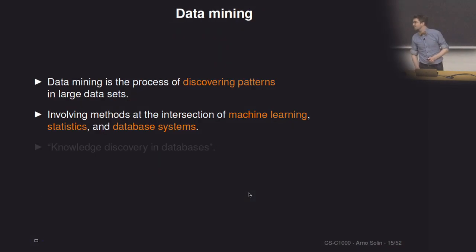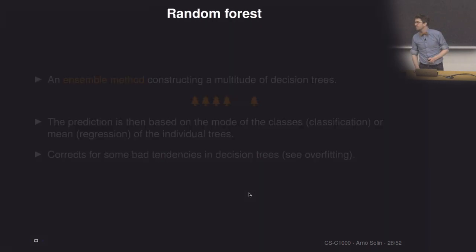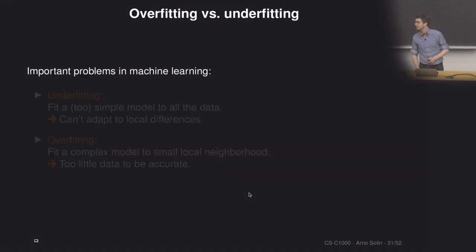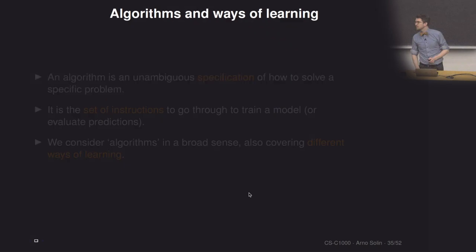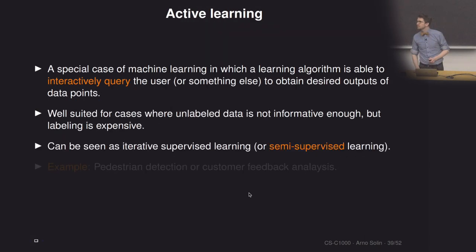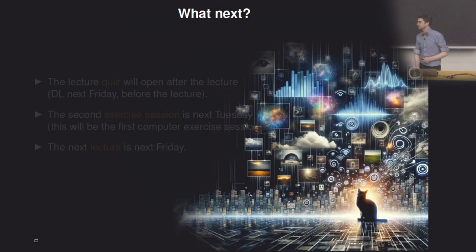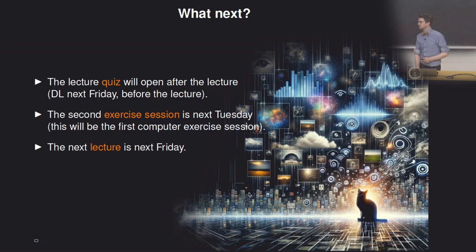Question? Yeah, I found that the distinction between data models and algorithms is quite difficult. When we try to establish the differences between algorithms and models, it's a bit harder. Is there a better way of specifying them?